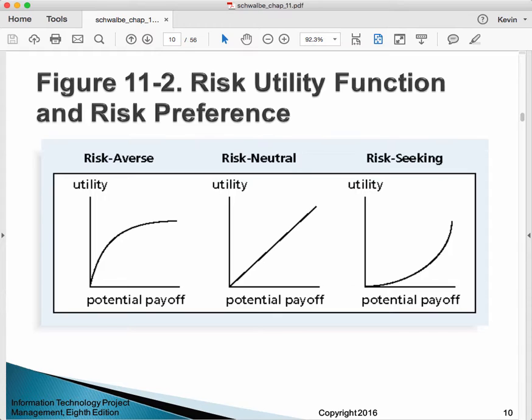So as the variability gets greater, their utility gets greater, but only in a proportionate way. So their risk utility preference function is a straight line, like the graph we see in the middle of slide 10.